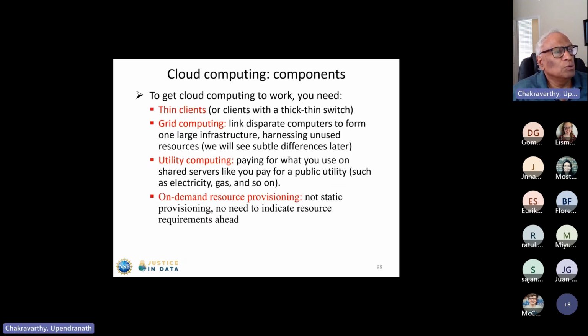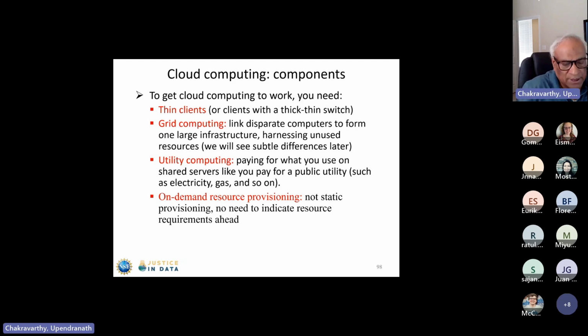To use cloud computing, a bunch of components are necessary. One is what we call a thin client. We have thin and thick clients. A thin client is one that does not have much capability, that can just communicate with something on the back end and then give you the results.